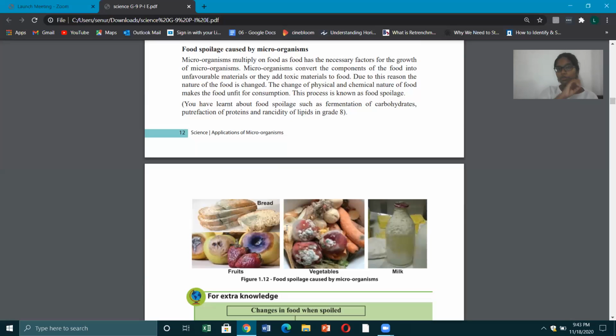The change of the physical nature and the chemical nature of food makes the food unfit for consumption. Okay, it makes it unfavorable to us. So that process is food spoilage.